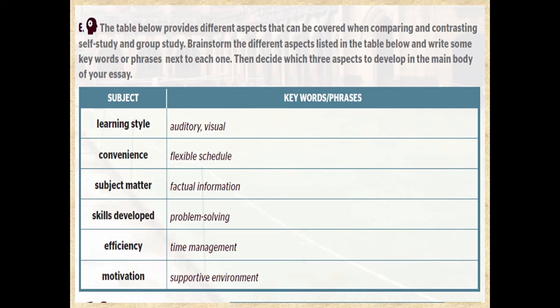Now, the table below provides different aspects that can be covered when comparing and contrasting self-study and group study. Brainstorm the different aspects listed in the table below and write some keywords or phrases next to each one. Then decide which 3 aspects to develop in the main body.